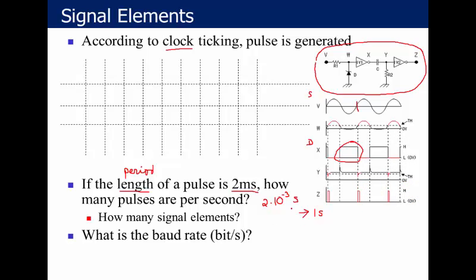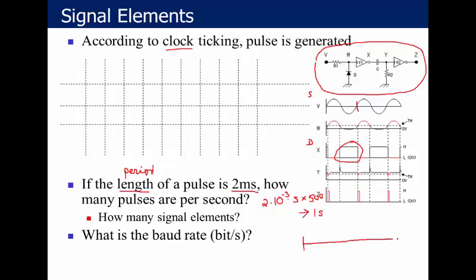If we multiply it by 500, then it'll be in 1 second. 2 times 500 is 1000. 1000 times 1 over 1000 is 1. So how many pulses? 500 per second.